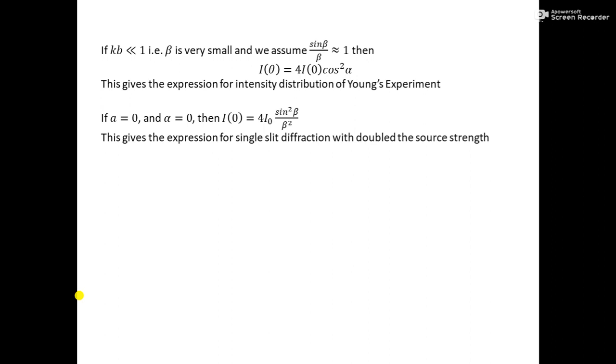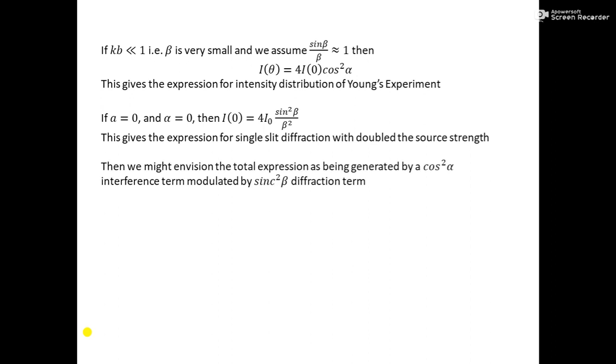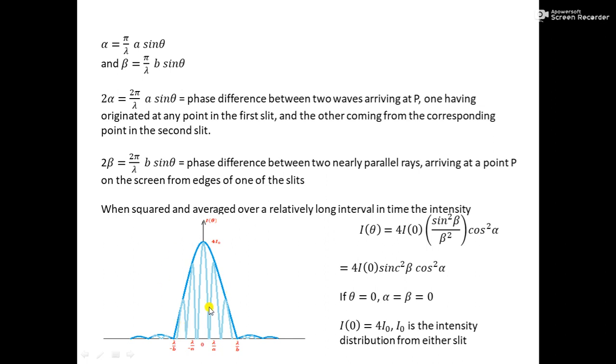Then we must envision the total expression as being generated by a cos square alpha term, that is the interference term, modulated by a sine square beta by beta square term, which is the diffraction term. So this is the interference term, and this is the diffraction term, and that's why we have got this type of fringe pattern.